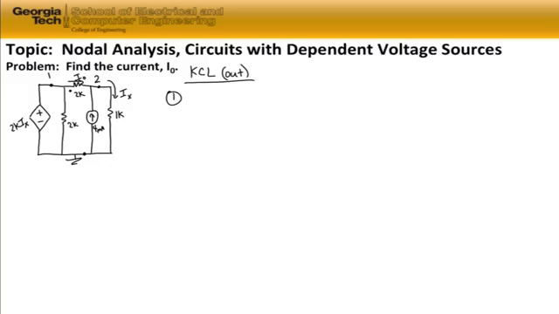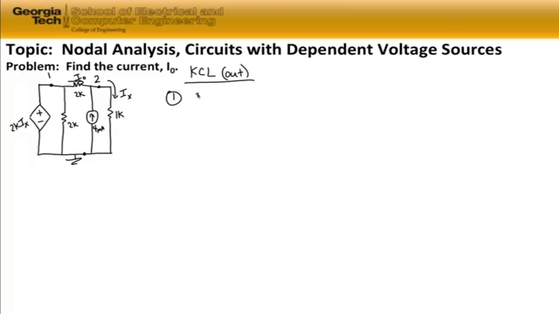So what we notice on this problem is that that dependent source is tied to a reference point or ground at the bottom of the circuit and at the top to the nodal voltage V1. So instead of writing the currents about that node, we can go directly for the nodal voltage, which is ultimately what we're after in the first place.